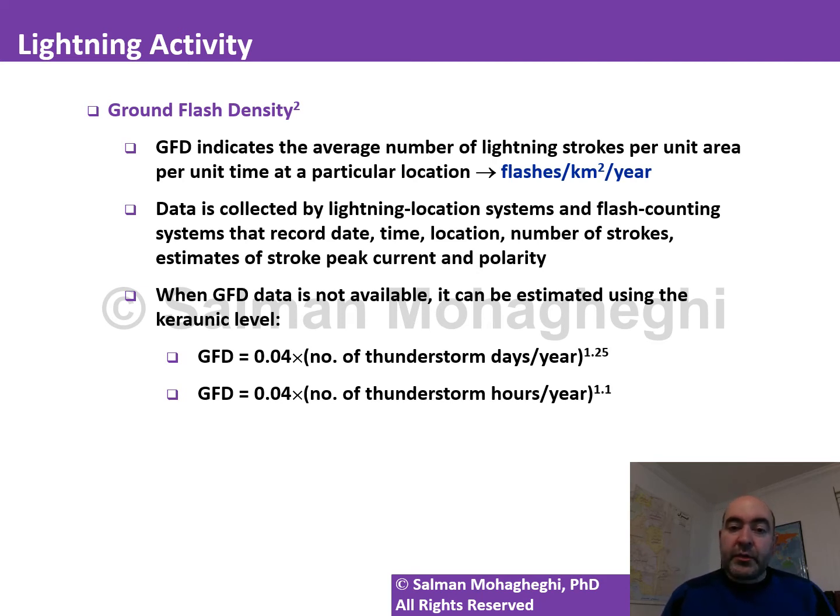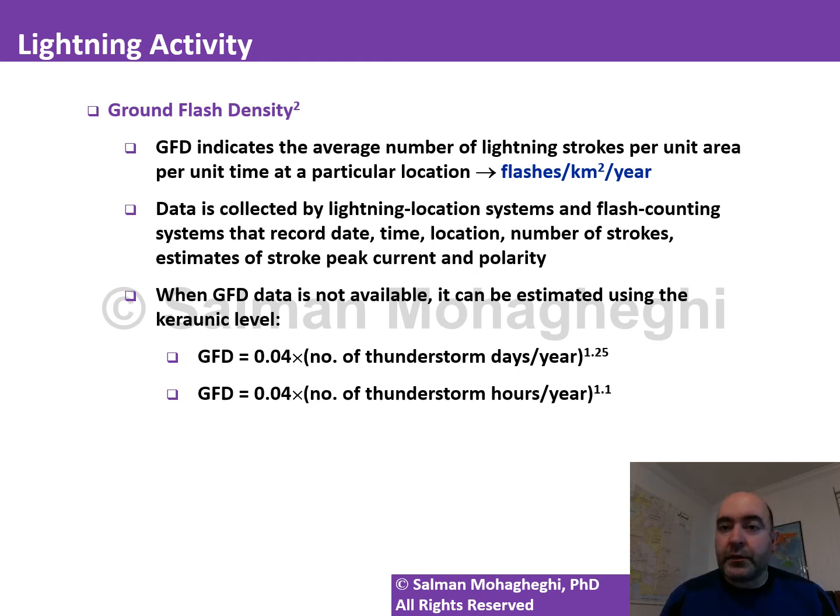What we do is we install different types of lightning location systems and flash counting systems that, in addition to recording the exact event of lightning, can even record other useful information, for example, the exact date, the exact time, the location, the number of strokes that took place in that particular lightning flash, and even estimates of what the peak current was and what its polarity was, for example, negatively charged or positively charged.